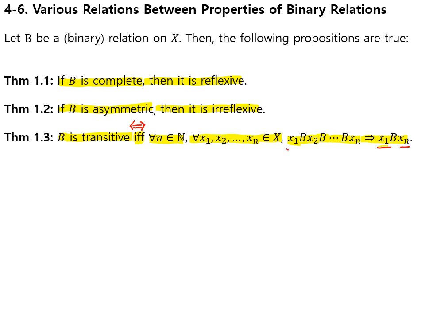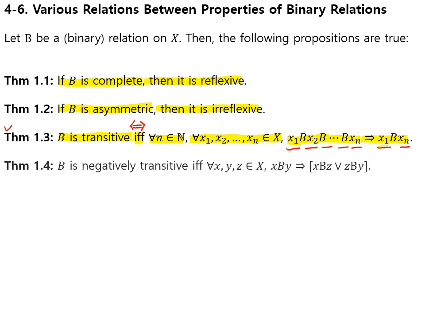So if the first one is connected to the last one through this series of chains of connections, then the first one and the last one are connected. We're going to prove this in the next slide, but let's move on.